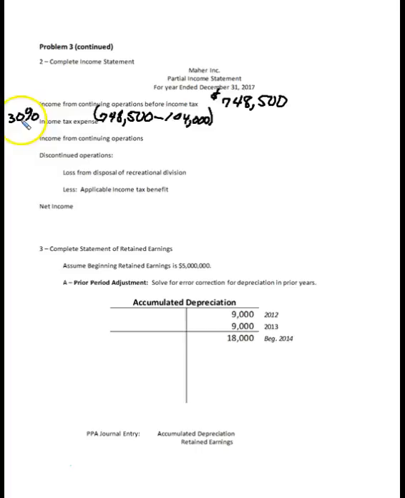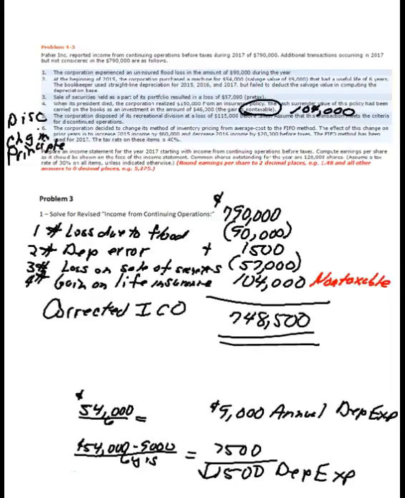That net amount times 30% is $193,350. So income from continuing operations is $555,150.